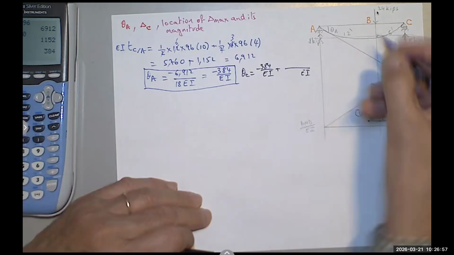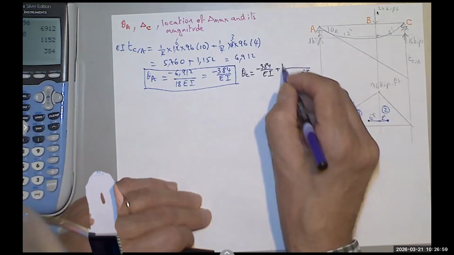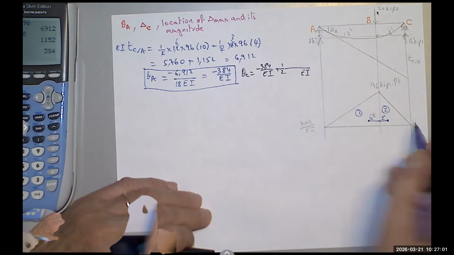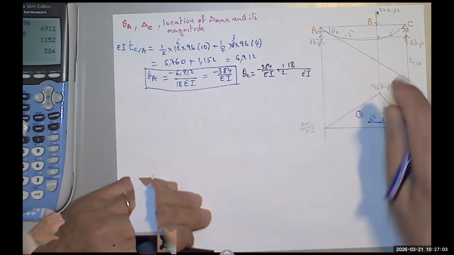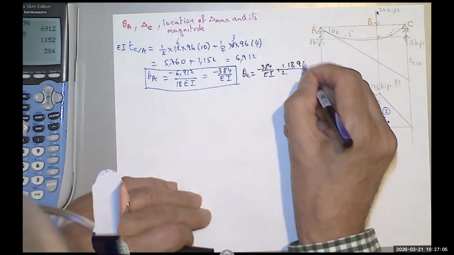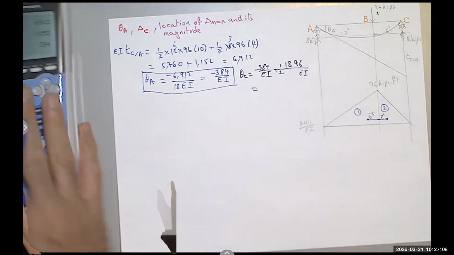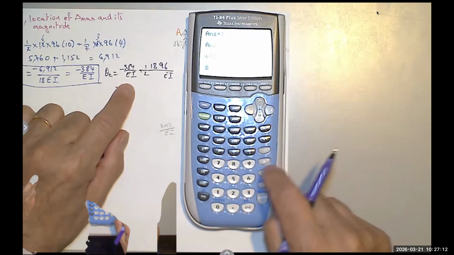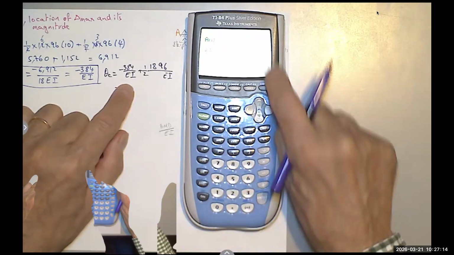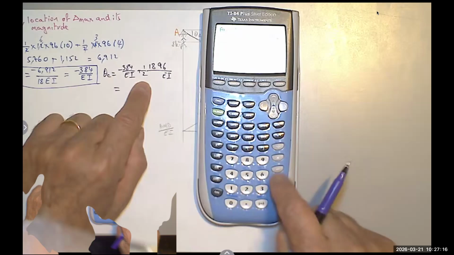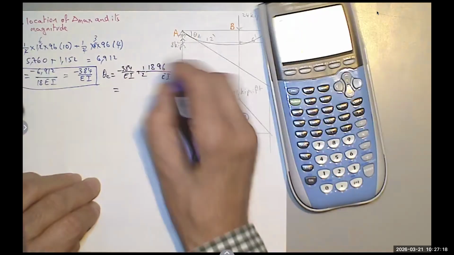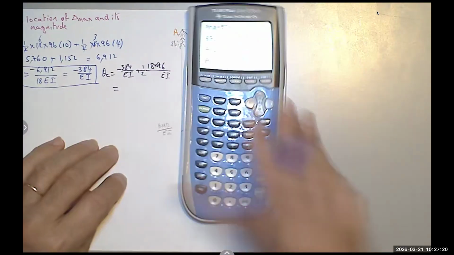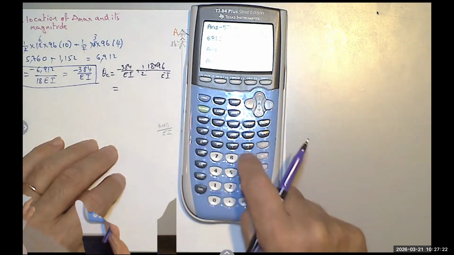And the total area here is 1/2 base, which is 18, times height, which is 96, times -1, because that's a negative, plus 9 times 96.